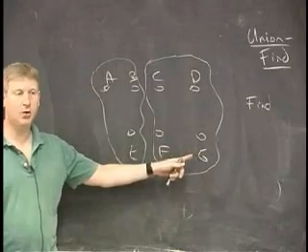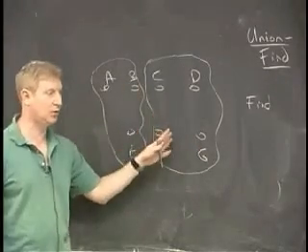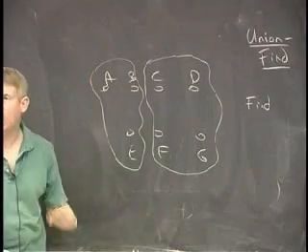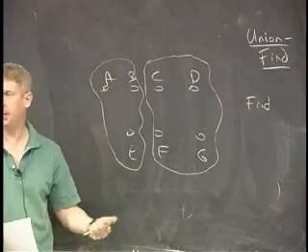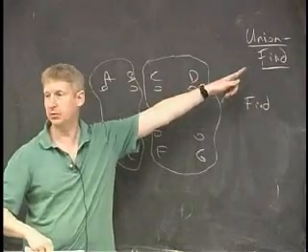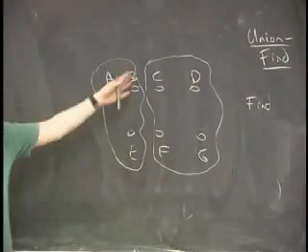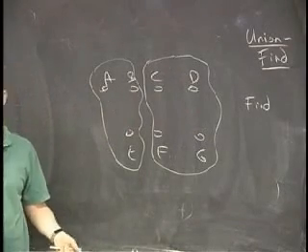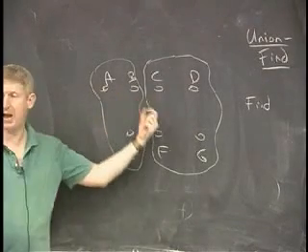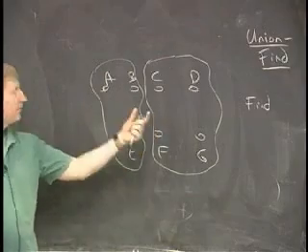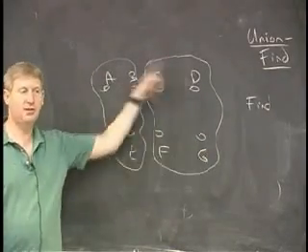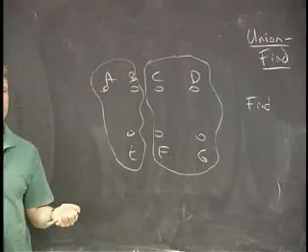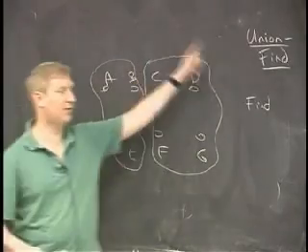I have to be able to know, given G, that I'm talking about set 2, and given A, that I'm talking about set 1. I have to have a way to find what set my element is in. That's the find part of this data structure. So the find part takes a value that's going to be in one of these sets and tells me what set it's in. The union part is when I combine these two together. Because if there is an edge A to G, I'd like to make these into one set, so that from then on, they're all considered one group of elements. Everybody get the union and the find part?